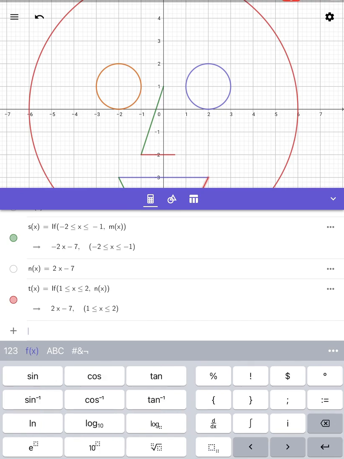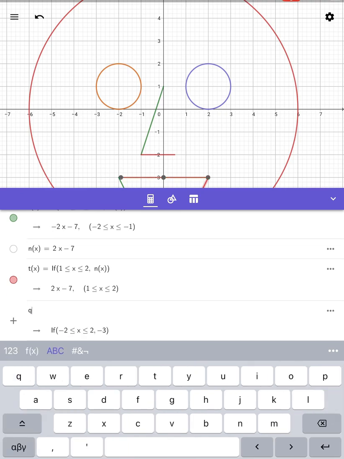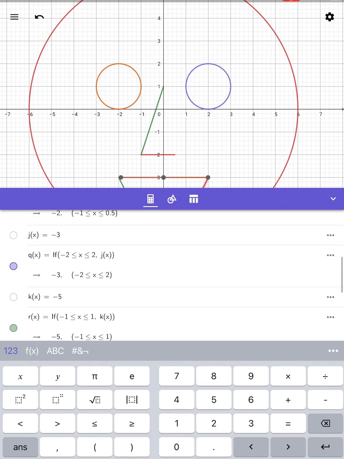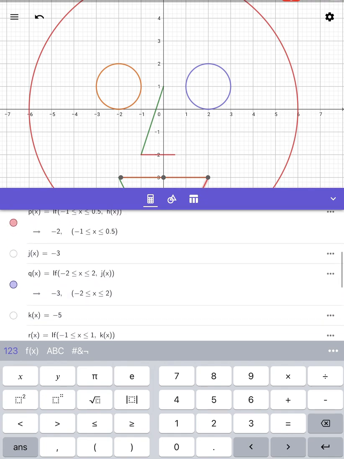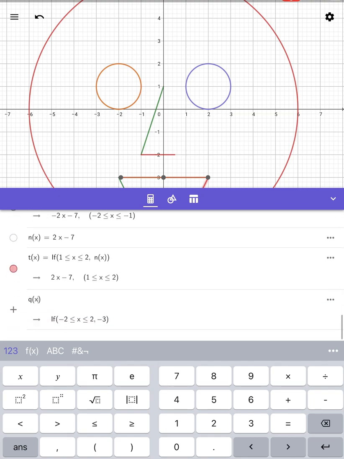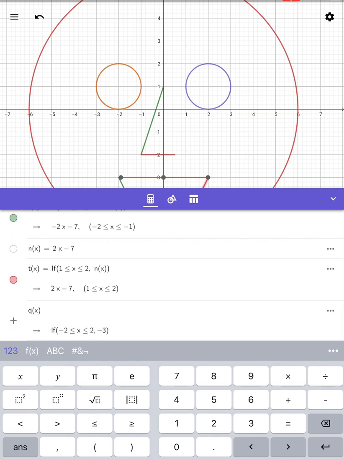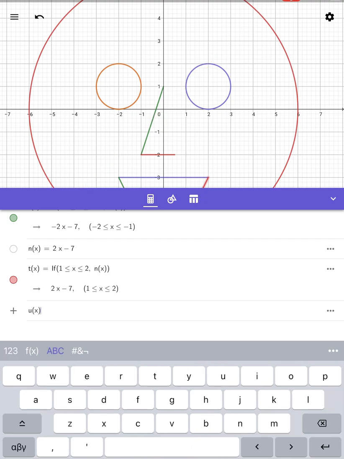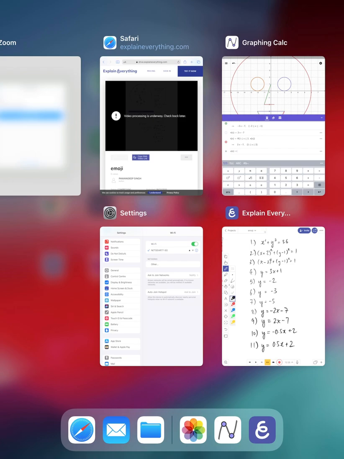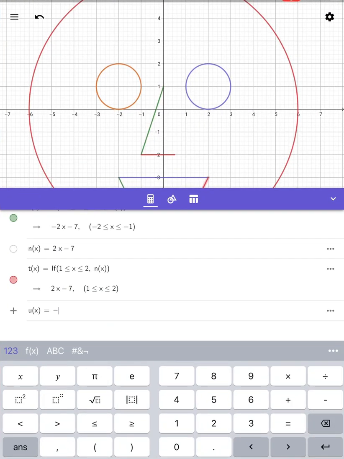So let's use Q. Q hasn't been used. Let's use QX. Make sure it's not being used. Oh, we have already used it. So Q R S T U, UX. Let's use UX. And then for that equation, going back to the formula sheet, it's negative 0.5x plus 2.